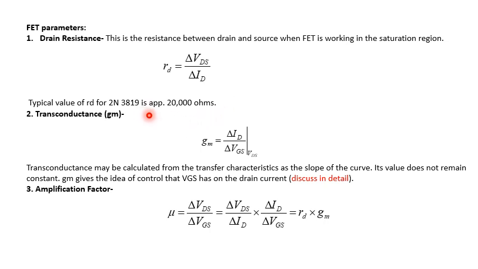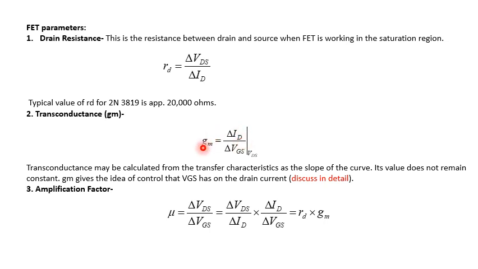The second important parameter is transconductance or GM, and it is delta ID upon delta VGS at a constant value of VDS. The value of GM shows the control of the input voltage, that is VGS, on the output current or drain current.